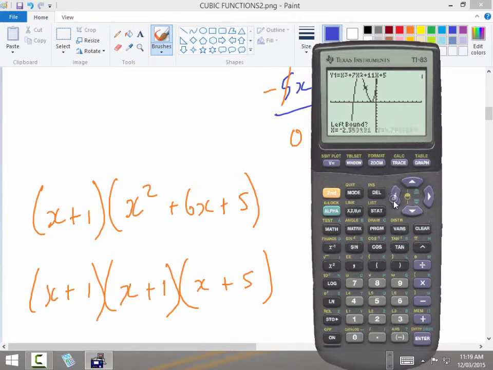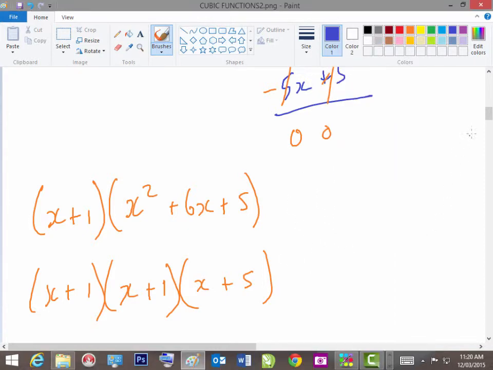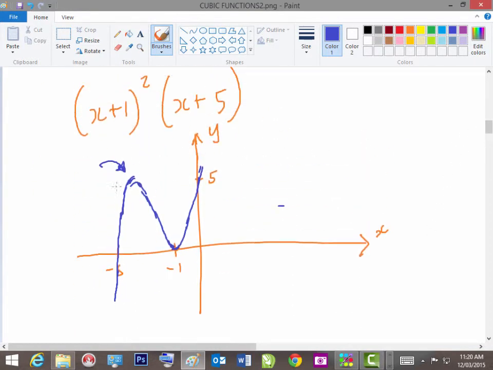So we want to work out the maximum value. Calculate maximum: the value will occur at x equals -3.67, and y is 9.48.